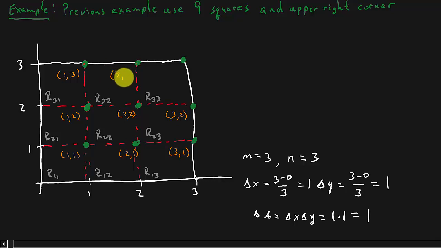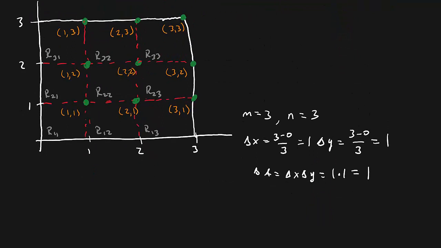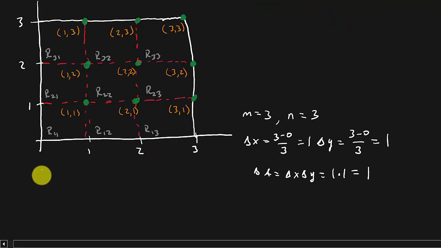This is 2, 3, and this is 3, 3. So let me make sure I labeled all these right. 1, 1, 2, 1, 3, 1. Then I've got 1, 2, 2, 2, 3, 2, 1, 3, 2, 3, and 3, 3. And once again, remember our function is f of x, y equals 20 minus x squared minus y squared.